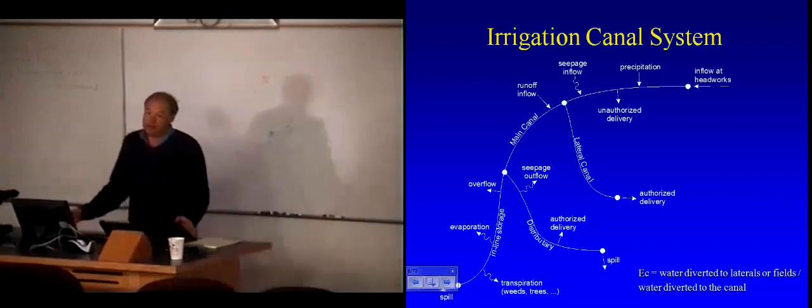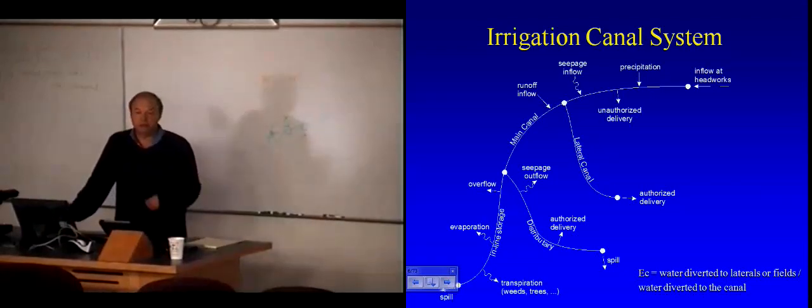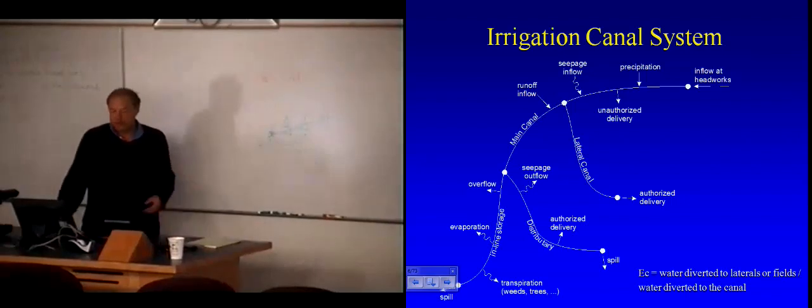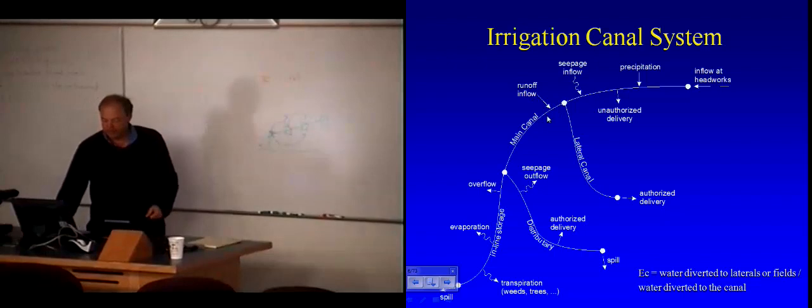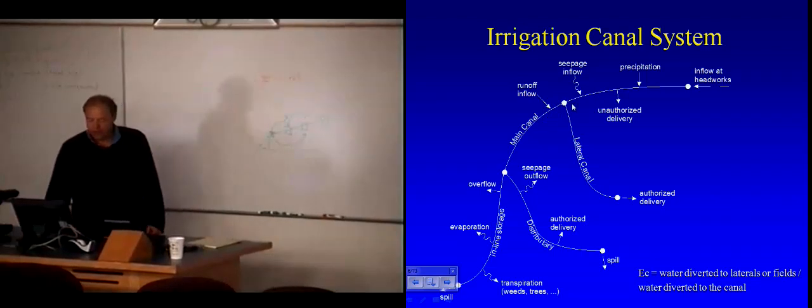That water then goes into the water table. Some of the water gets evaporated from the soil surface, and some of it is transpired by the plants. The combined evaporation and transpiration is what you've all heard about, ET, evapotranspiration.